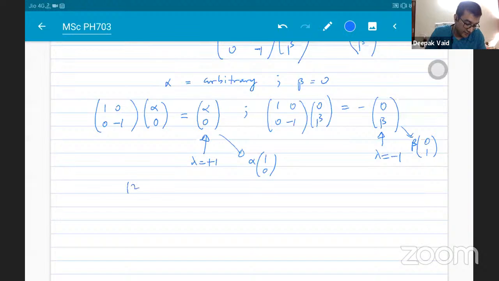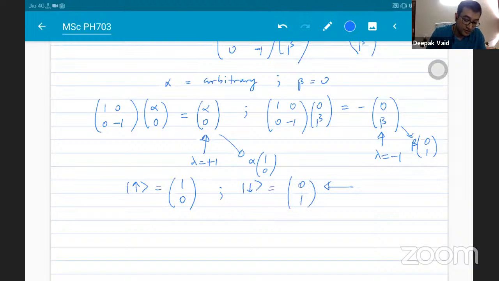So what are my eigenvectors now? My eigenvectors are the up state, which is (1, 0), and my down state, which is (0, 1). These are my normalized eigenvectors.